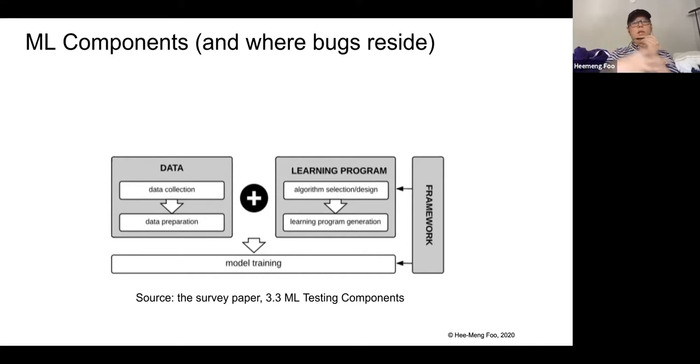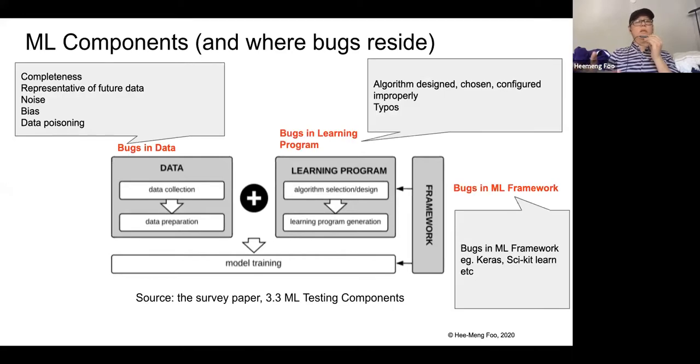So if you look at an entire machine learning system, there are parts that have to do with data, parts that have to do with the learning program, which is the algorithm, and then the framework. So they have basically, let me say classified, but they have sort of grouped the different kinds of bugs into those groups as well. And later on, we will be using this structure to put the different kinds of bugs into the different bins.